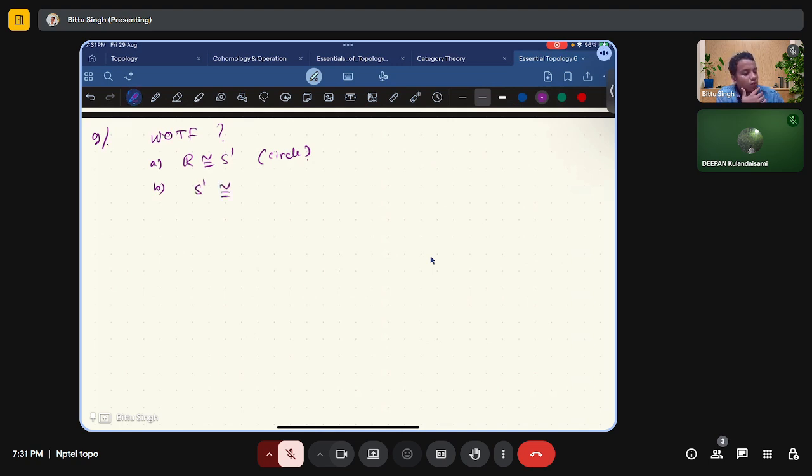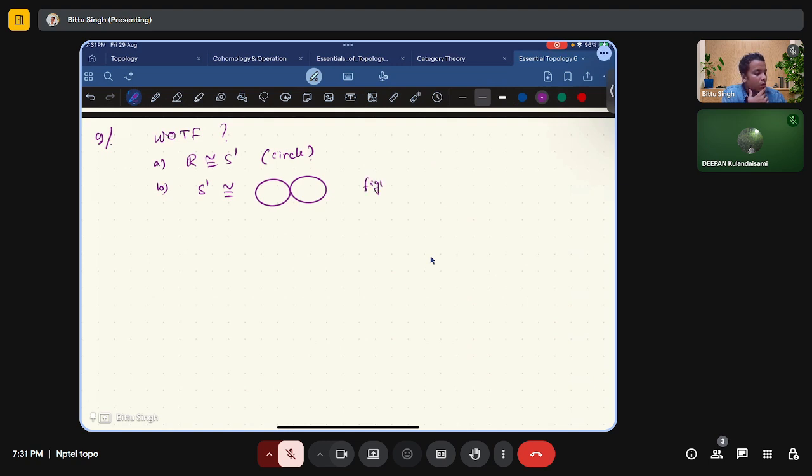S1 is homeomorphic to this set: two circles identified at this point. This is sometimes called the figure 8 space, because it looks like 8. Or there is a better name, it is called the wedge, wedging at a single point: the wedge of two circles.